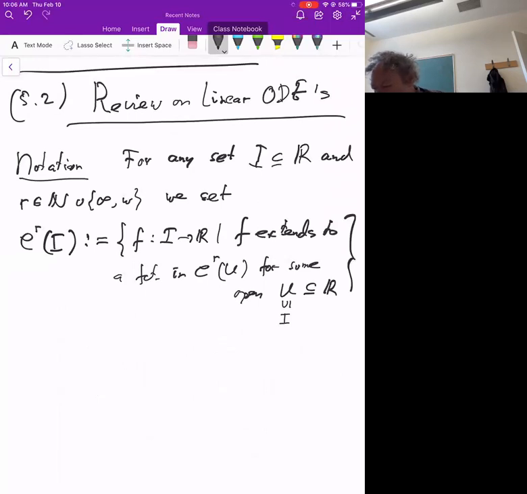So it's just the restrictions of the r times continuously differentiable functions on open neighborhoods of I. Okay, now let me fix r to be a natural number. So I drop the cases where r is infinity or omega.